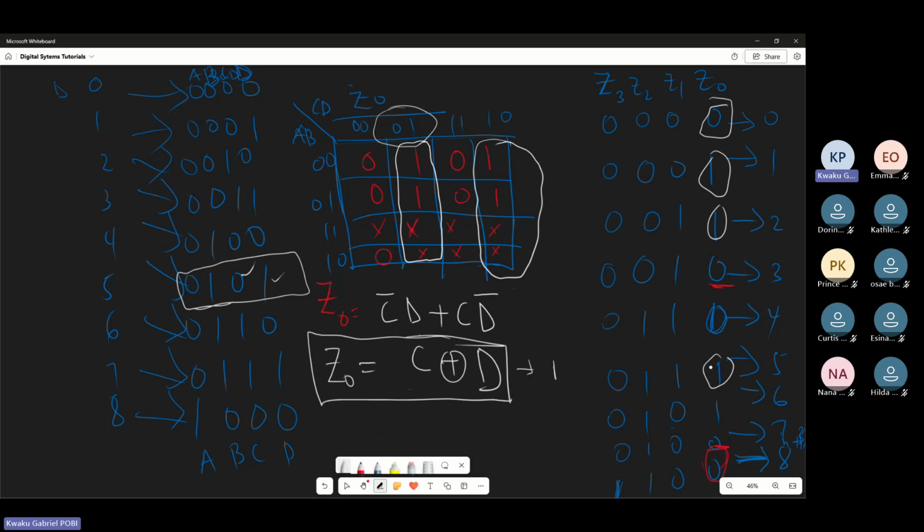Let's take 1, that will give us a 0. So if we want a 0, let's use this 4 here. 4 was here. So 4 was seen as 6, right? So for 4, C and D are 0 here and then 0 here. When you XOR 0 with 0, you get 0, which is seen here. So that's your Z0, basically. Is that clear? Please, do you understand?